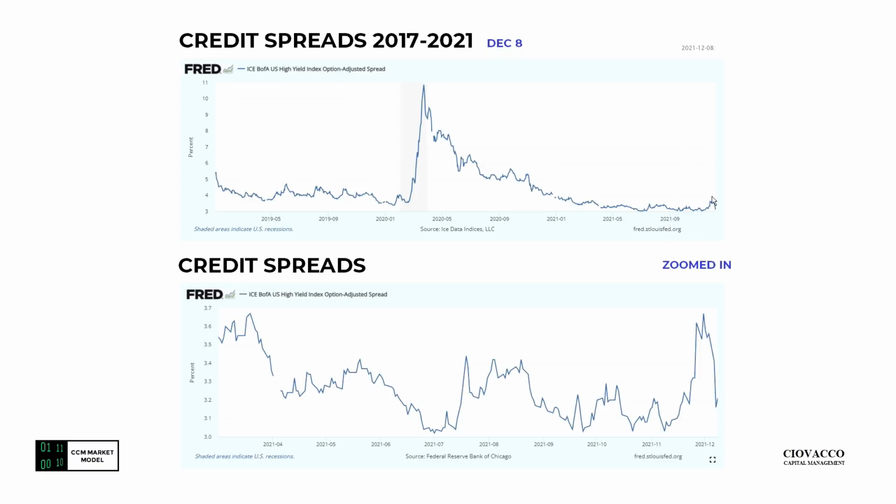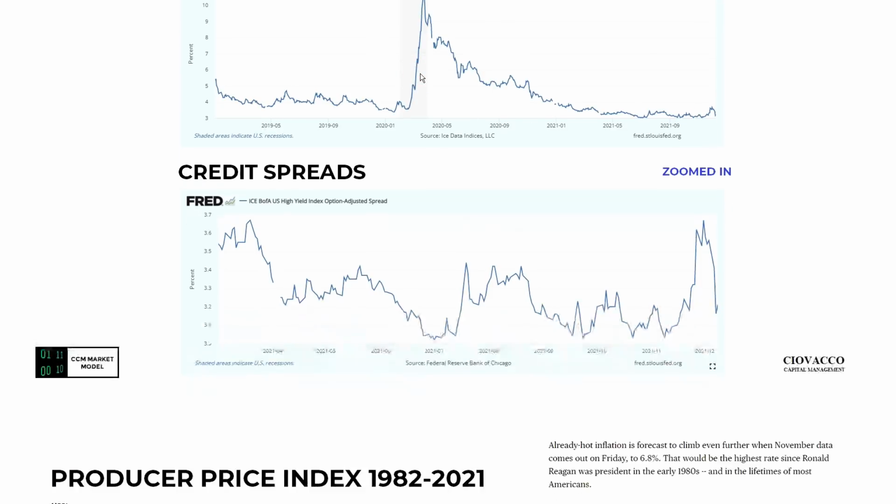We did get a little spike here as of last week, but then this week, this portion of the chart here zoomed in on the bottom, had a little bit of a spike in fear, but then it came right back down as of the close on December 8th. This looks a lot less alarming here relative to this.